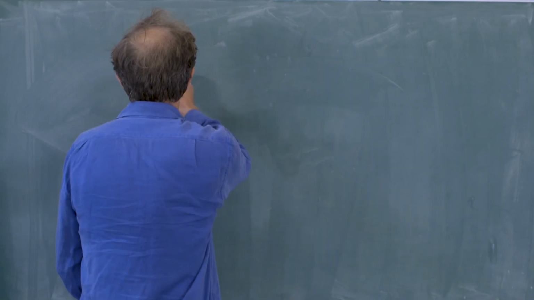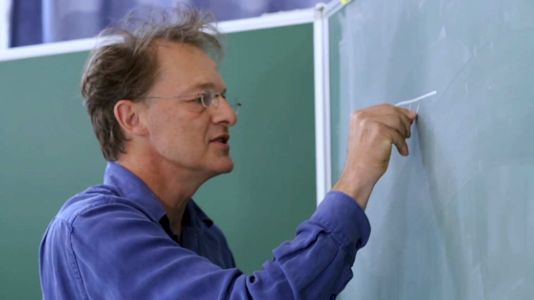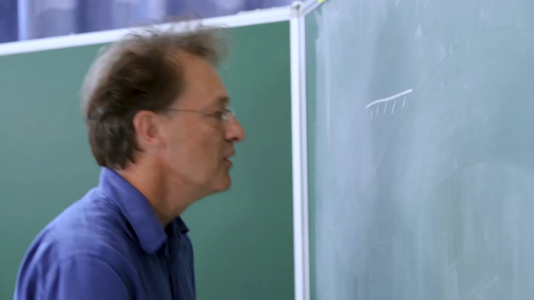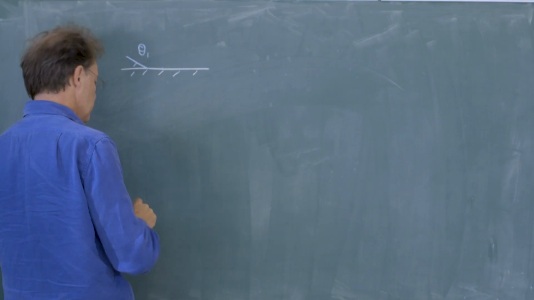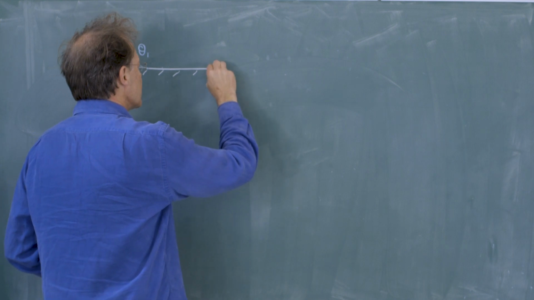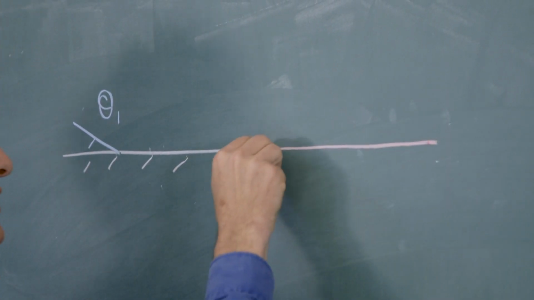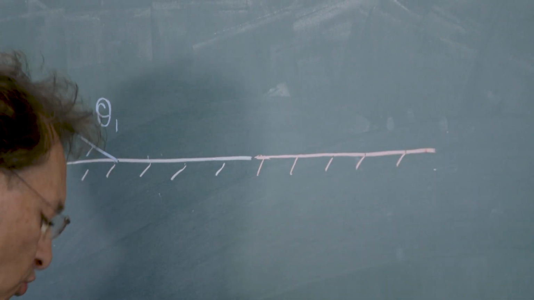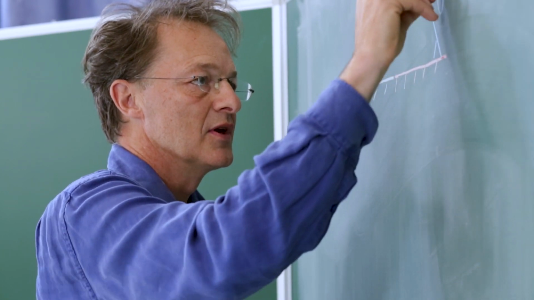For instance, we start with a solid which is of a given hydrophilicity, characterized by a contact angle θ1, and this solid suddenly gets a different chemical composition, and this part is more hydrophobic with a contact angle θ2.